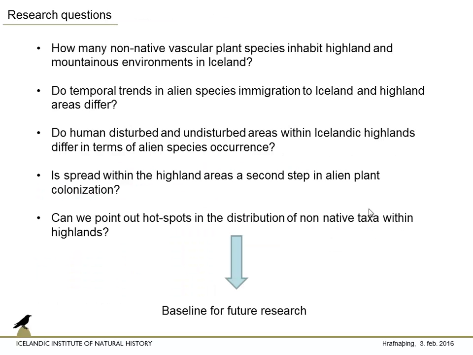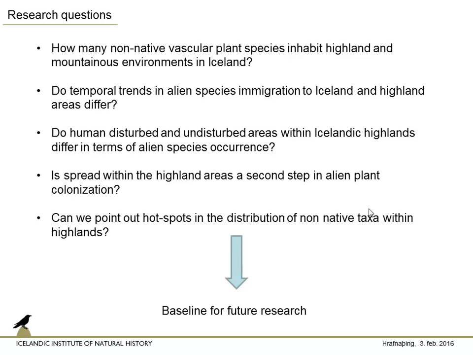So what were my main research questions? The first question was very basic. How many non-native vascular plant species can we find in highland and mountainous environments in Iceland? Second question, I was interested in comparing temporal trends in alien species migration to Iceland and to highland areas, and if there are some differences between the temporal trends in immigration.